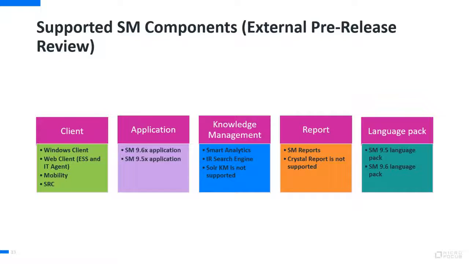And for knowledge management, we prefer customers leverage IR and Smart Analytics, because from February we already delivered unload which can support customers to enable smart search for free. This unload is also available for 9.5 and 9.6 customers. By leveraging those unloads, you can enable smart search in your environment without consuming the Smart Analytics license.